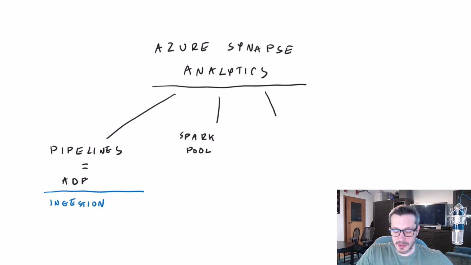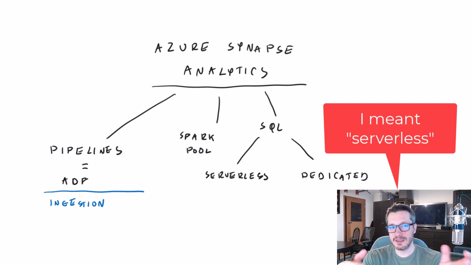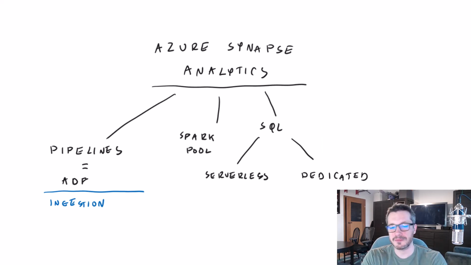Then apart from those Spark pools, we've got two flavors of SQL pools. So we've got serverless and dedicated pools. The serverless SQL pool is mainly used for data exploration, for checking what you have in your data lake, how the data looks, what you can do with it, and for some other use cases as well.